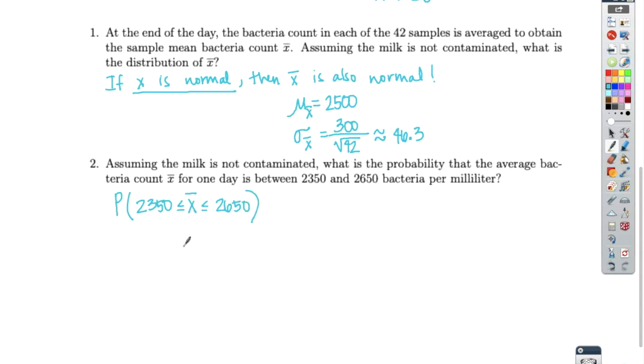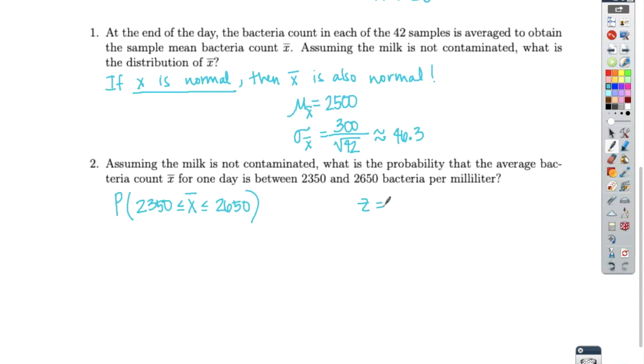So this is what we're looking for. Now, same sort of strategy that we've used this entire time. I give you some random variable. You don't want to deal with any random variable. You want to convert this to standard units. In other words, you want to convert these values to Z. So let's do that over here.